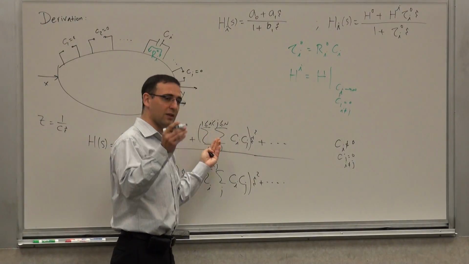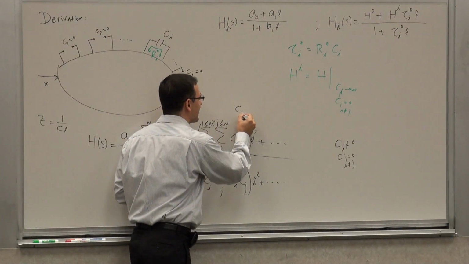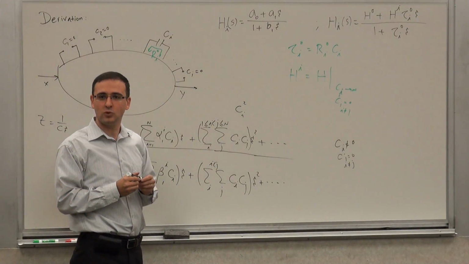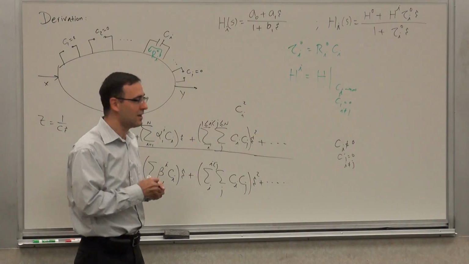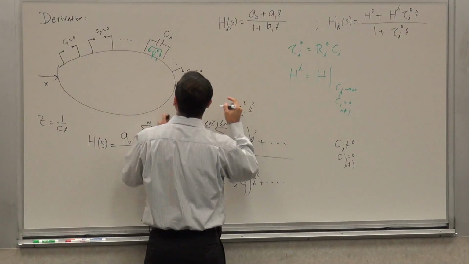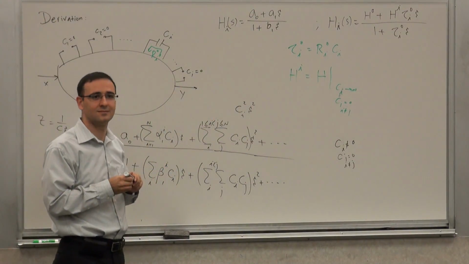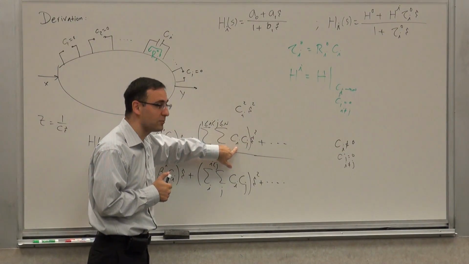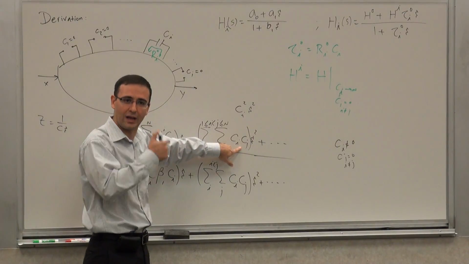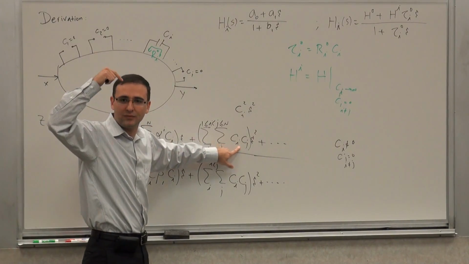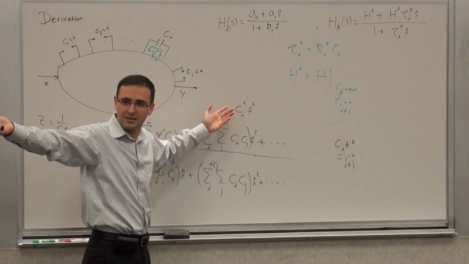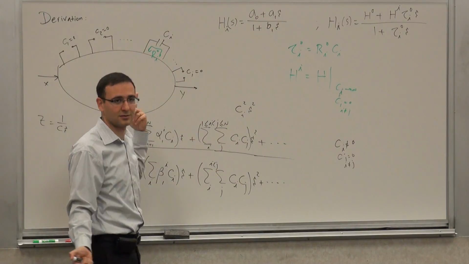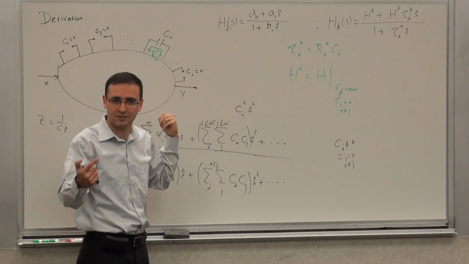Let me tell you right now, if you had a Ci squared here, then that one would not be 0. Correct? So you get a second order system out of a single capacitor. If you had the same index for both of them, if you could have a C1 squared, then if that C1 is non-zero and everything else is 0, you get a second order system using a single capacitor, which can't be true.